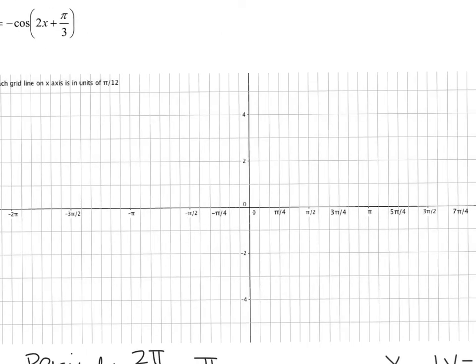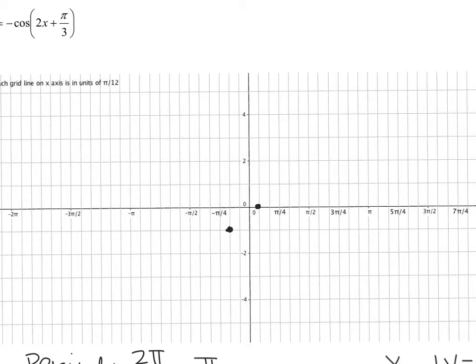And the nice thing for us is each unit is pi over 12, so it's going to be easier to graph our points. So at negative pi over 6, which is the same thing as 2 pi over 12, we're going to put our first point. So at negative pi over 6, we're going to go to negative 1. Then at pi over 12, we're going to be at 0.